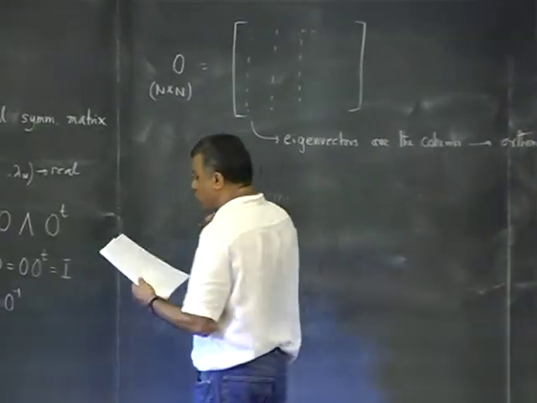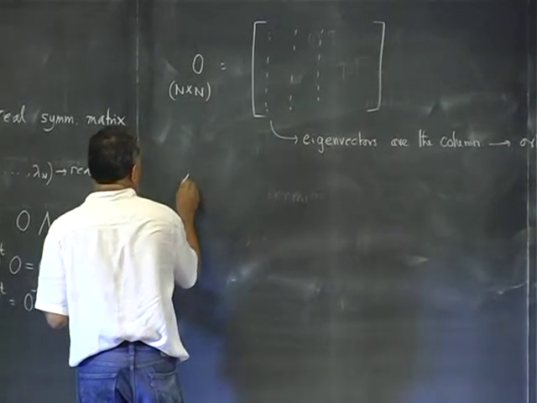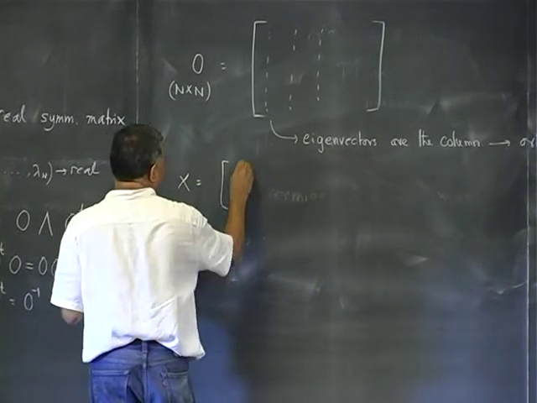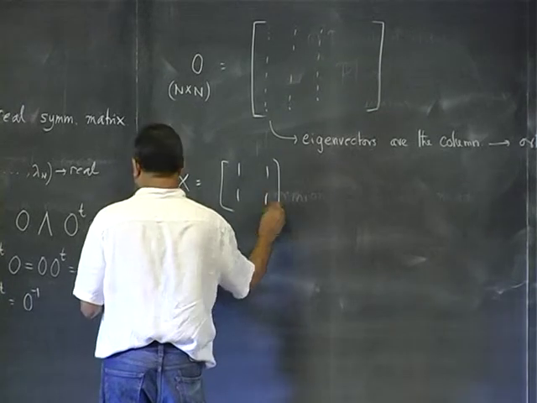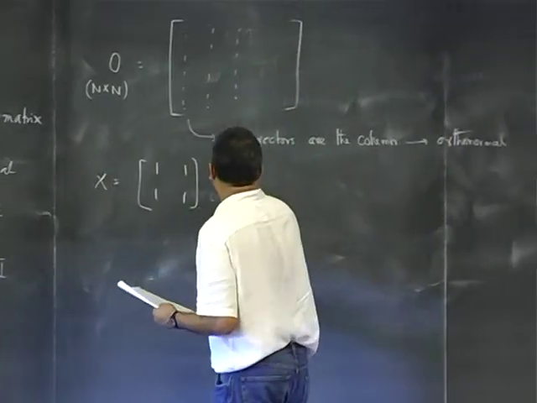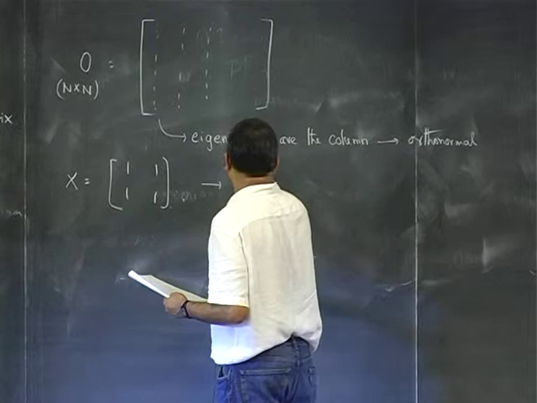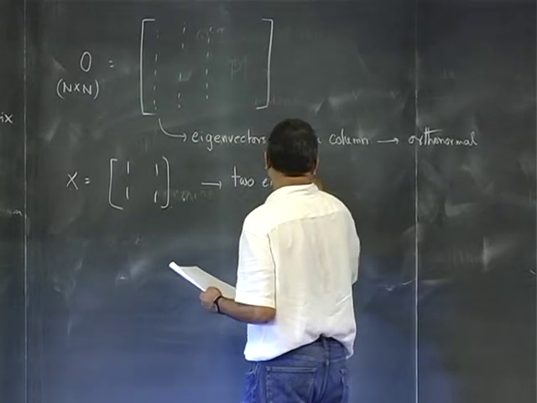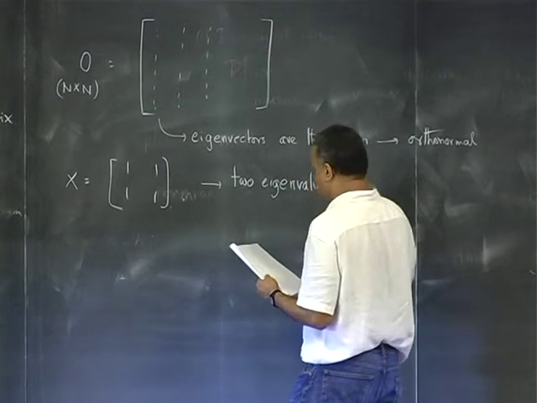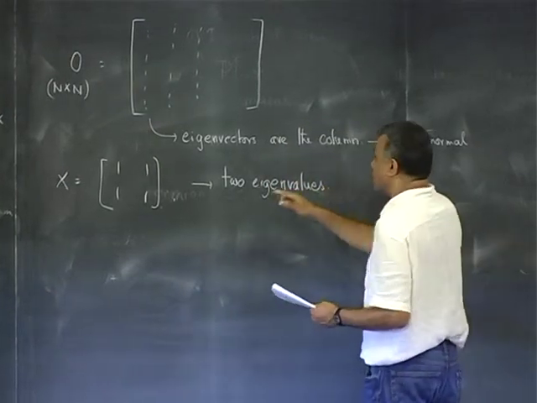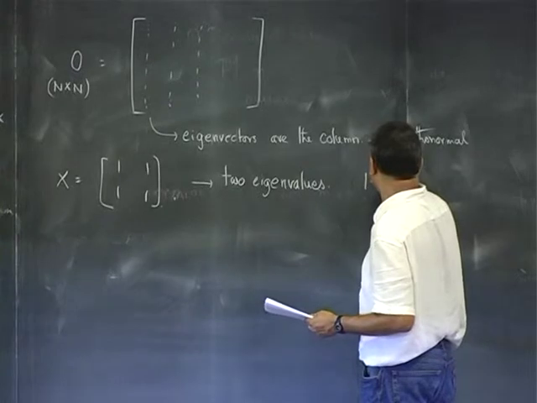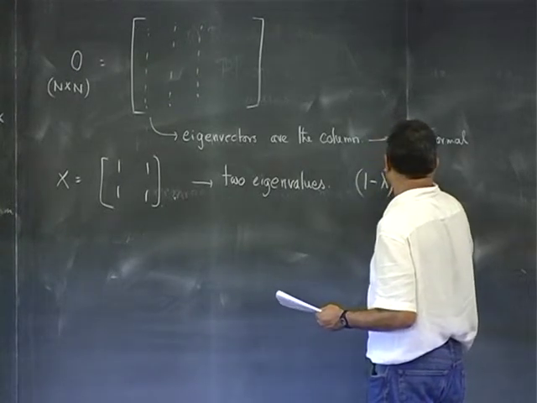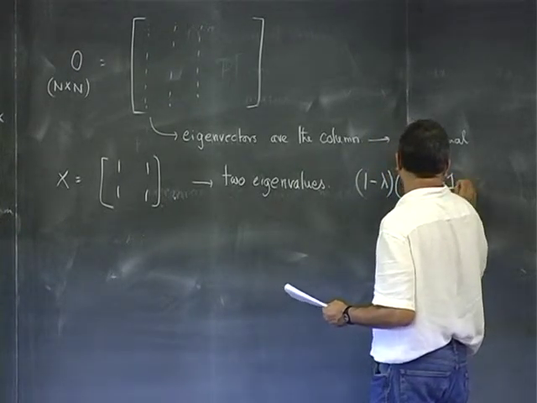So those of you who have forgotten the basic matrix analysis, just try out this simple example, always 2 by 2. For example, here there are 2 eigenvalues. This is really extremely trivial stuff, but it's always good to remind you. So 2 eigenvalues you can determine from the characteristic equation, which says (1 minus lambda) squared minus 1 equal to 0.